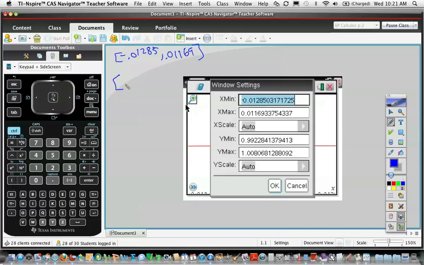And my y would be 0.99228 to 1.0080. So if it says find a window, that's what it means. Give me an x min and max, give me a y min and max, where that curve looks straight. So that was what we were looking for.